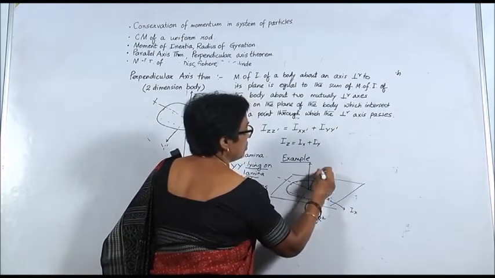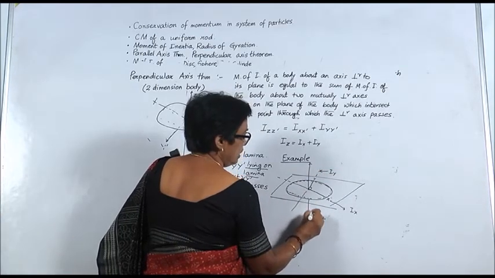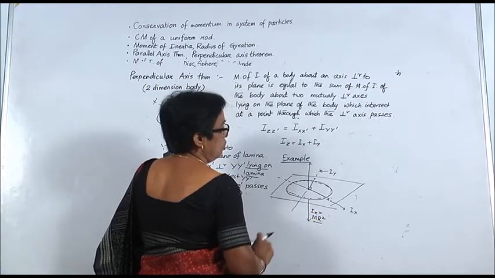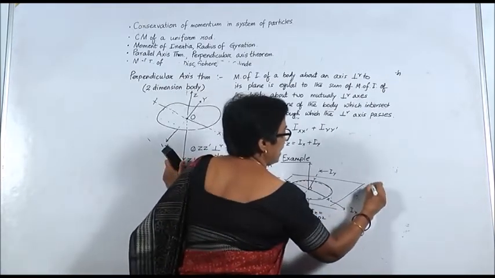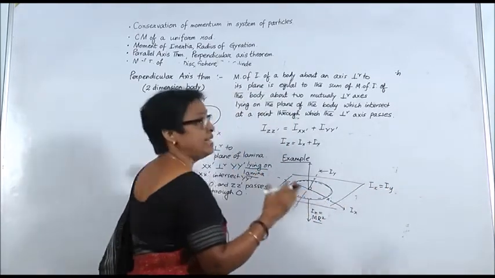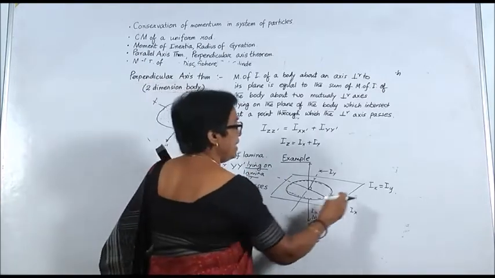Moment of inertia about this axis is Iy, and the moment of inertia about this is Iz, which we have already calculated, mr square. So now I am saying that Ix will be equal to Iy, because both of them are identical axes. So that is why Ix is equal to Iy.